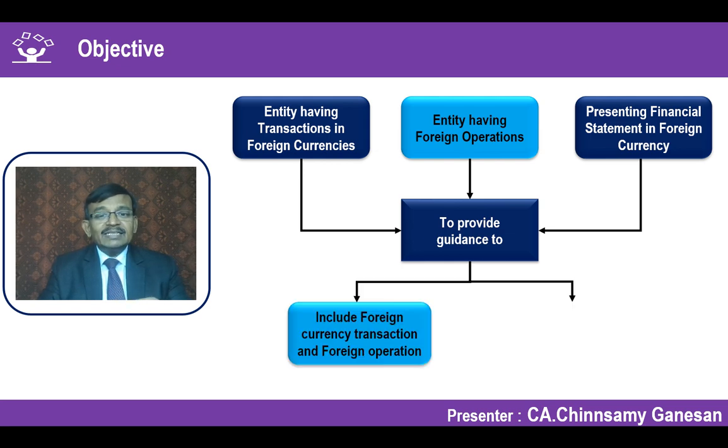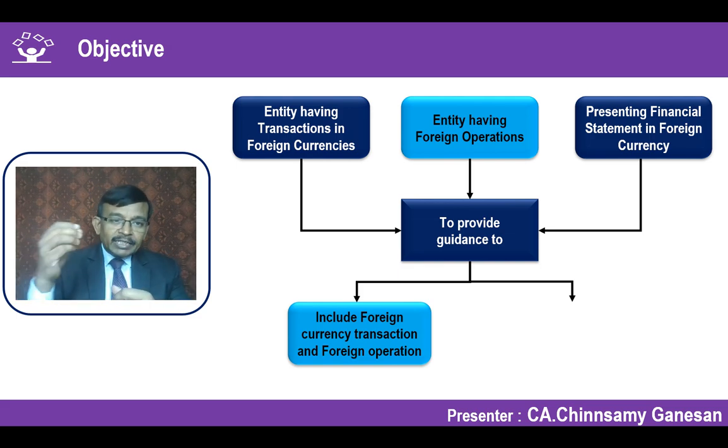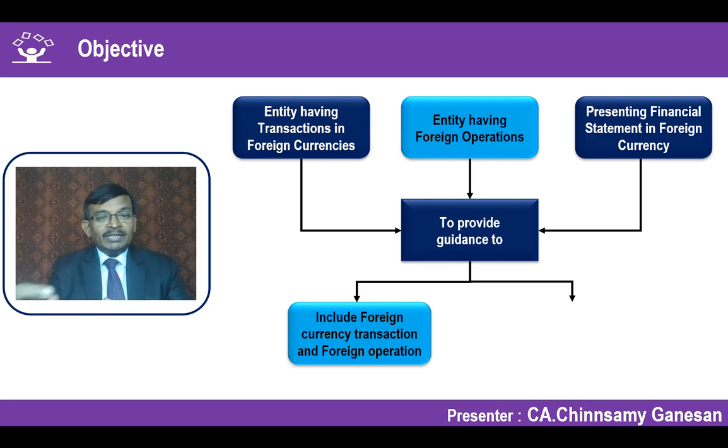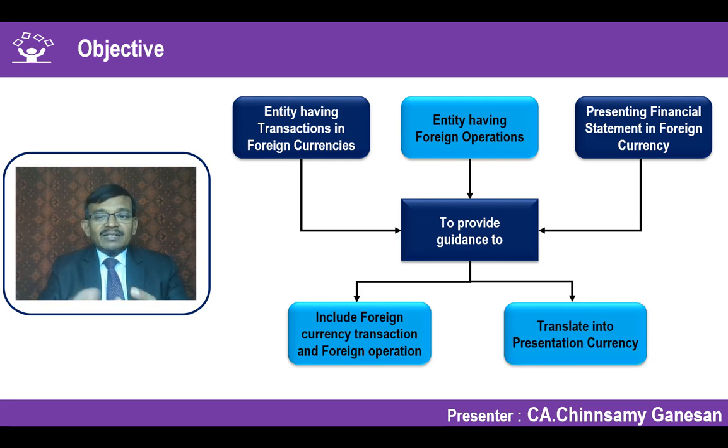And it says how the foreign currency transactions and foreign operations can be included in the standalone financial statement and consolidated financial statement of the entity, as well as how you can translate the financial statement which has been prepared in a foreign currency into the presentation currency in which the entity wants to present the financial statement.